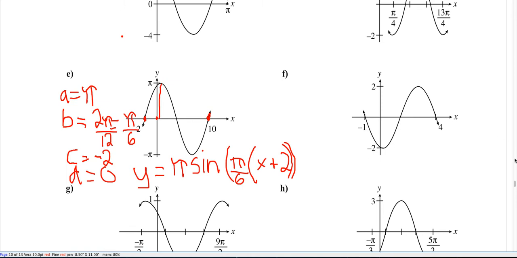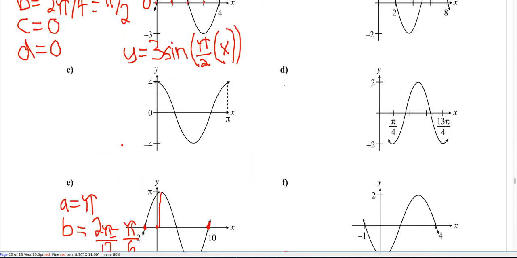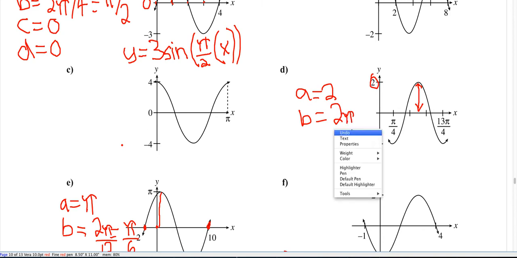So as we can see, for D, the amplitude is going to be 2, as shown right here. So A equals 2. B equals 2 pi divided by the period length. This one's a little bit more tricky because instead of being given numbers, we're given radians.